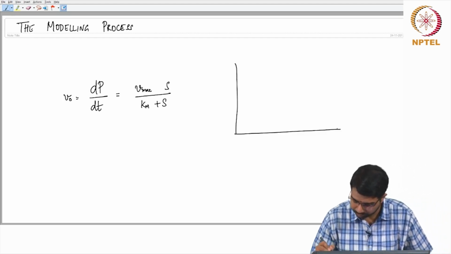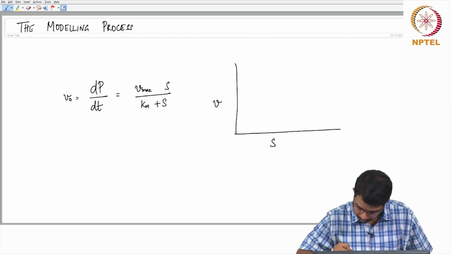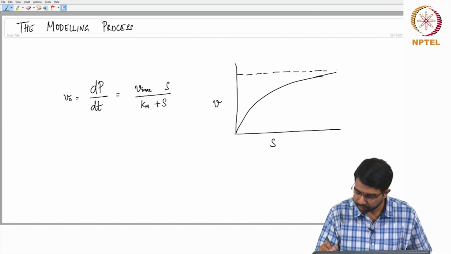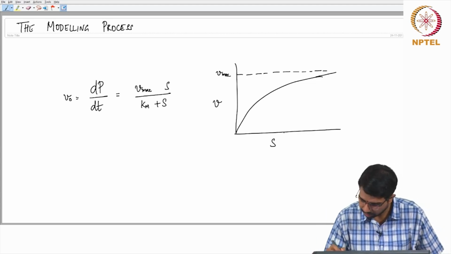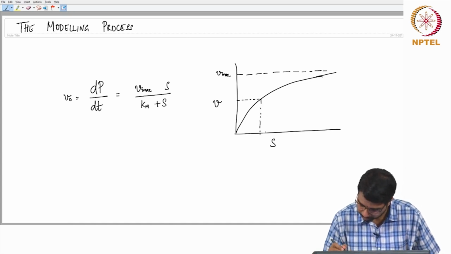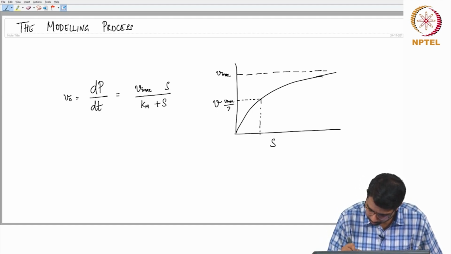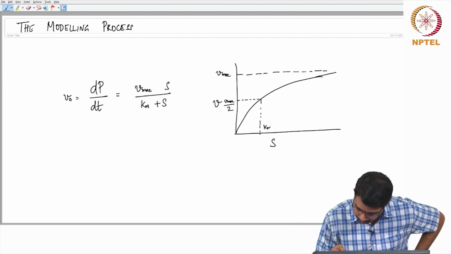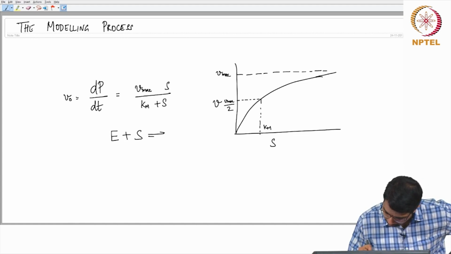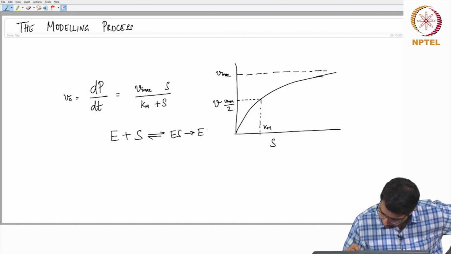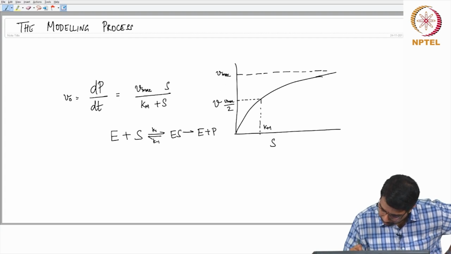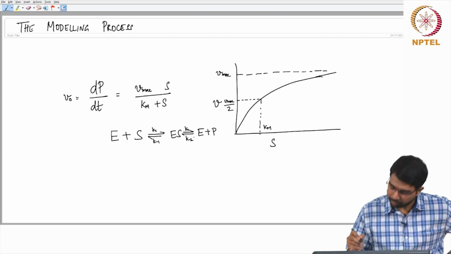And you typically have a curve that is asymptotic, with V max on one axis and substrate concentration on the other. So, this basically models the reaction.